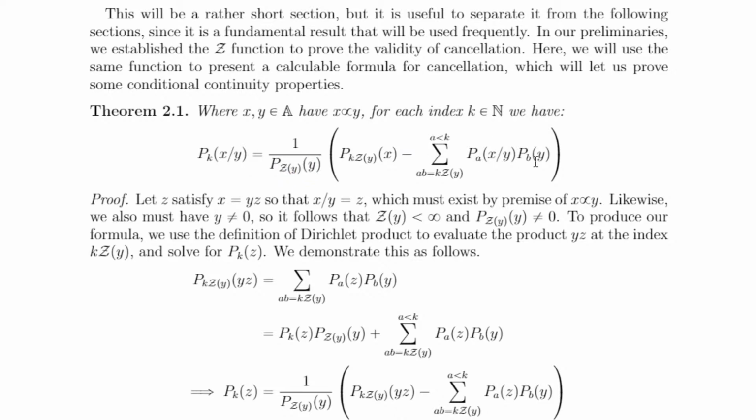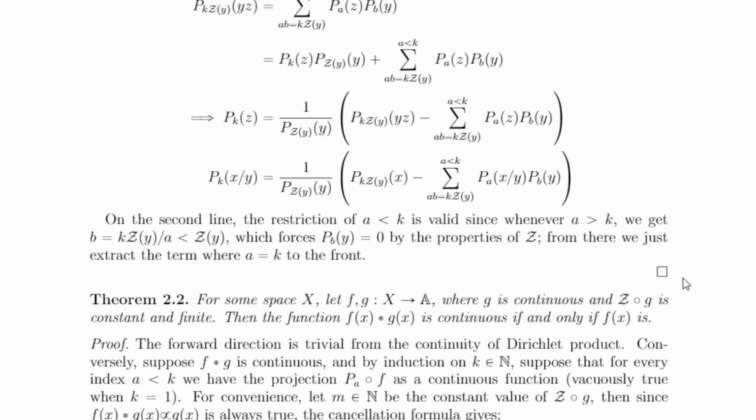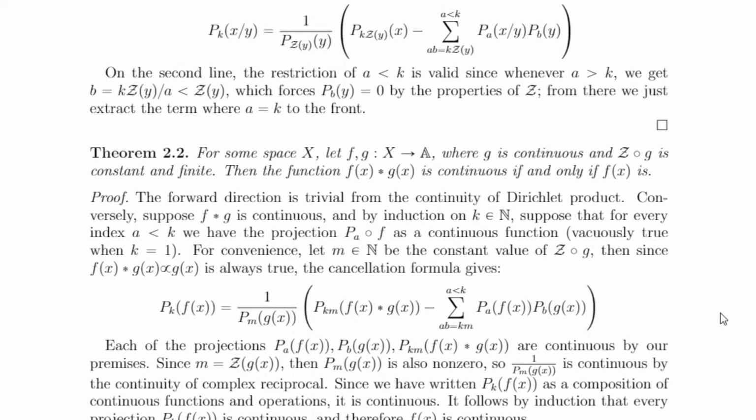So that's how we've gotten away with only having one formula instead of the usual convention where they have two, treating the first index as a special case. Anyway, this is our cancellation formula, and so we've proven that our cancellation is almost continuous.